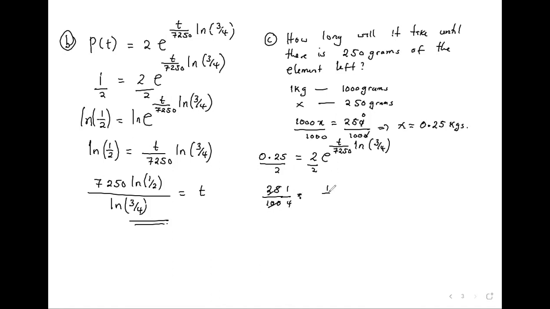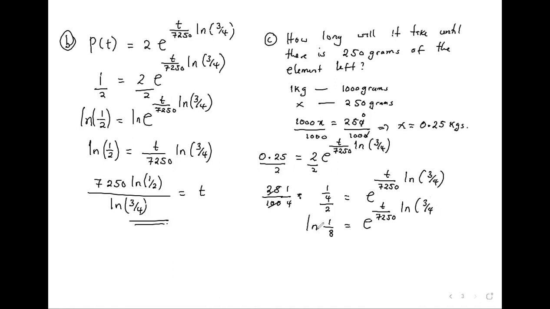So we have 1/4 over 2 is equal to e^(t/7250 ln(3/4)). So when that happens, this is just like 1/8. So we have 1/8 is equal to e^(t/7250 ln(3/4)).